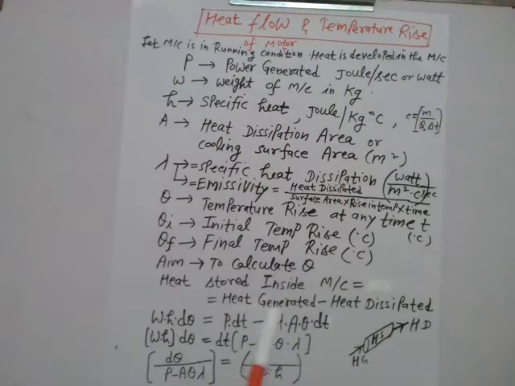To calculate heat generated, you write P into dt. You know that energy is nothing but power into time, and heat is nothing but energy. So write power P into time dt, minus the heat dissipated.